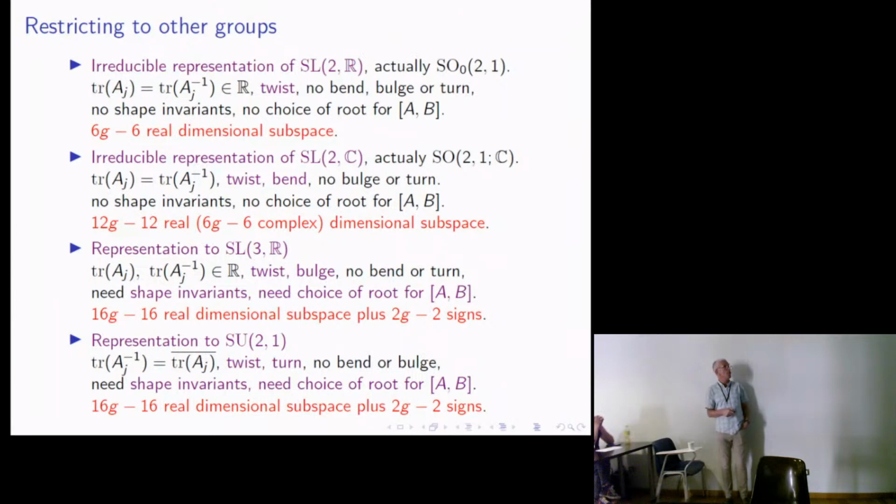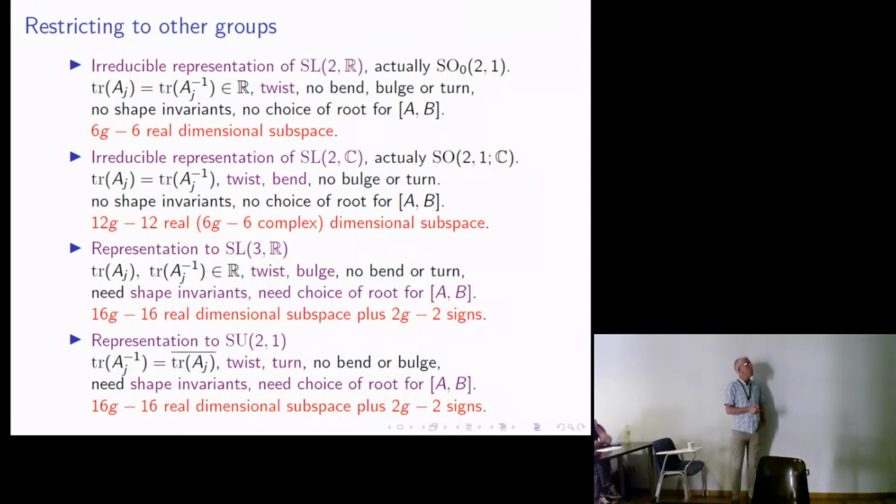Here we have the traces: the trace of an element is equal to the trace of its inverse and is real. So that gives me some sort of linear slice through the middle, because I'm setting various imaginary parts equal to 0, like a diagonal slice. It's just a nice linear subspace at the moment.